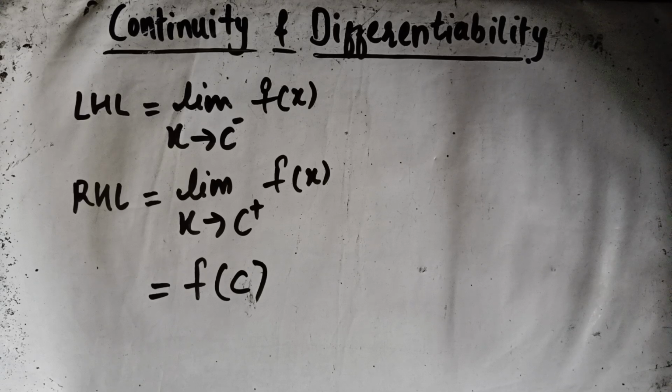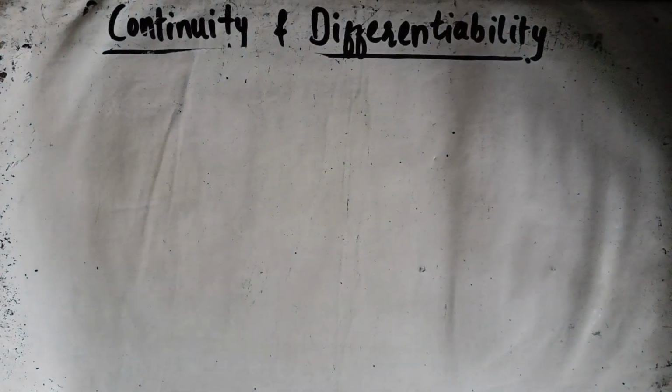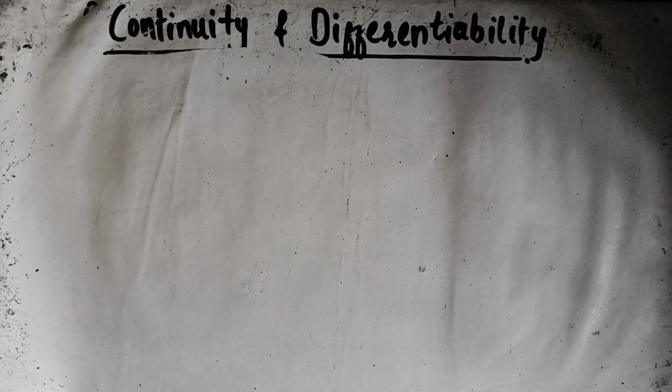Now there are some examples. Check the continuity of the function f given by f of x equal to 2x plus 3 at x equal to 1. When you take the left hand limit and right hand limit, the value of x remains the same, that is 1.